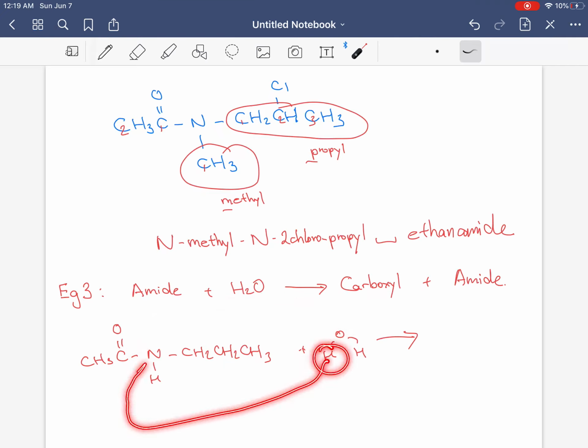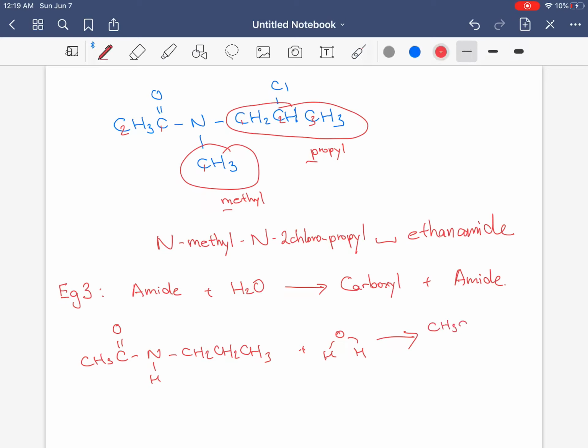This H will come over here to connect with N. As a result, why this is called hydrolysis is because there is a breakage in water, and due to that, there will be a breakage in your peptide bond. So what you're going to get is ethanoic acid plus propylamine. Okay. So just a reverse of amide formation.